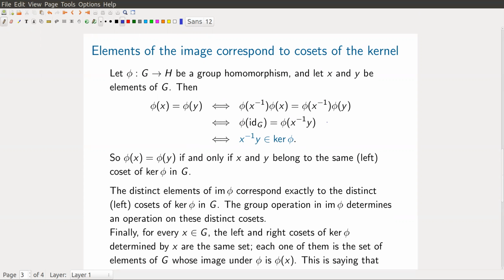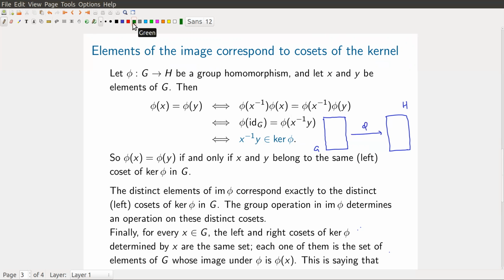So our picture here would be, maybe we have a pair of groups, G and H. Here's G, I'll draw it as a kind of a rectangle. Here's H. We're going from G to H, we have our homomorphism phi.